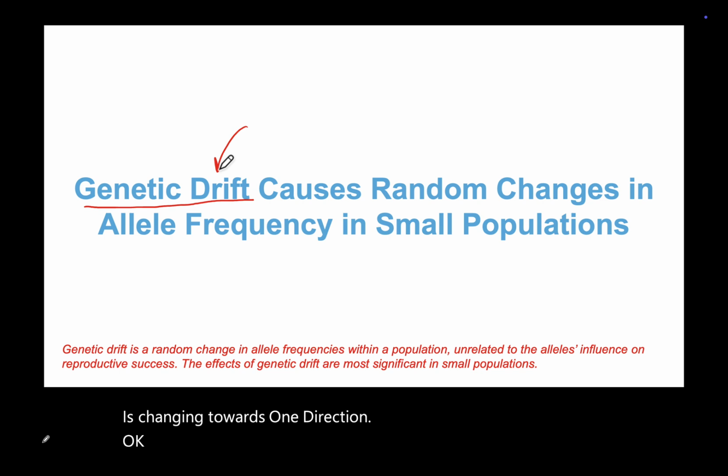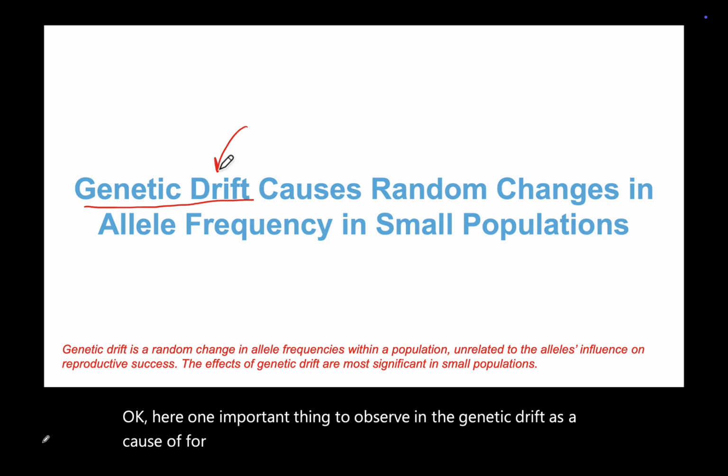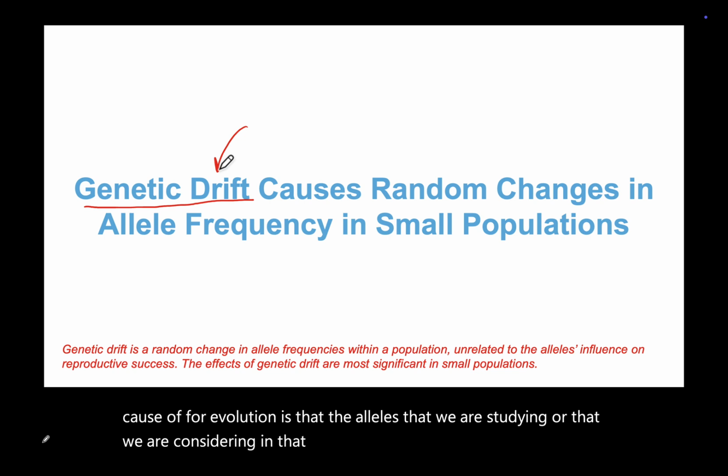One important thing to observe in genetic drift as a cause for evolution is that the alleles that we are considering in that population do not influence the reproductive success.